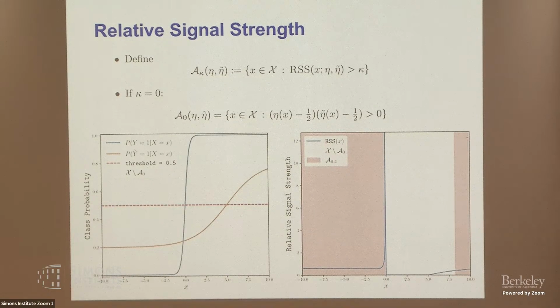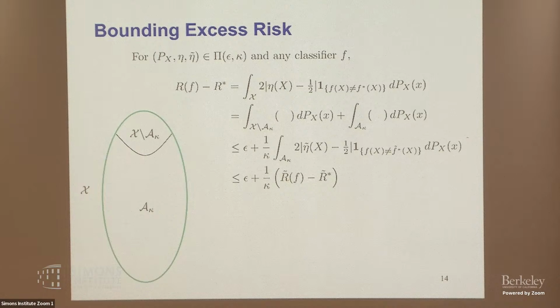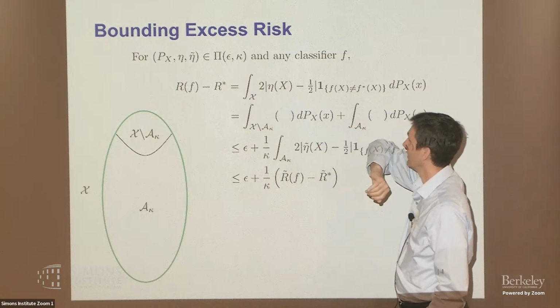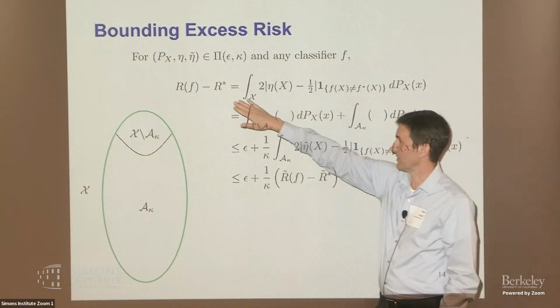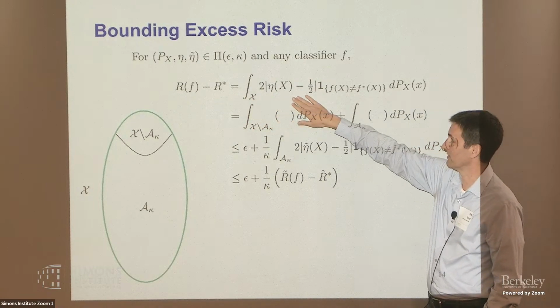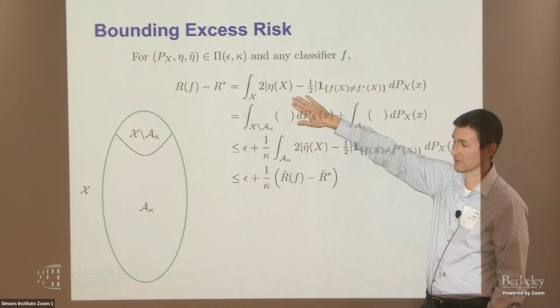So we've essentially engineered this definition of relative signal strength so that it's very easy to upper bound the clean excess risk in terms of the noisy excess risk. If you belong to this class, you write out the clean excess risk in terms of the standard formula, in terms of the clean posterior.